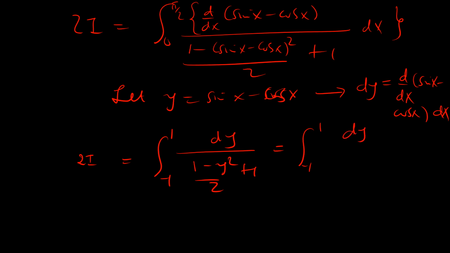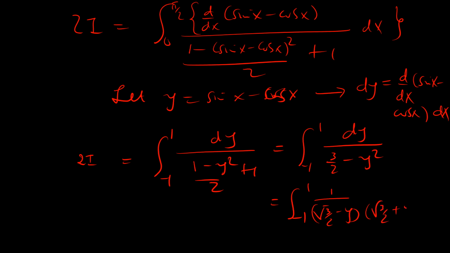which is equal to the integral from negative 1 to 1 of dy over 3 over 2 minus y squared, which is the same as the integral from negative 1 to positive 1 of 1 over root 3 over 2 minus y times root 3 over 2 plus y dy.